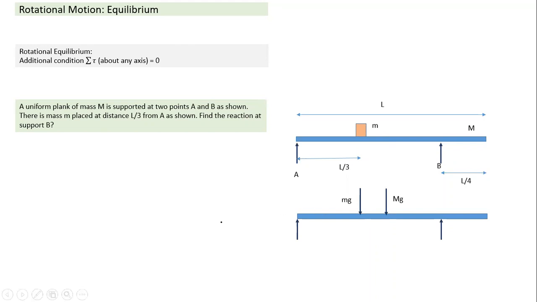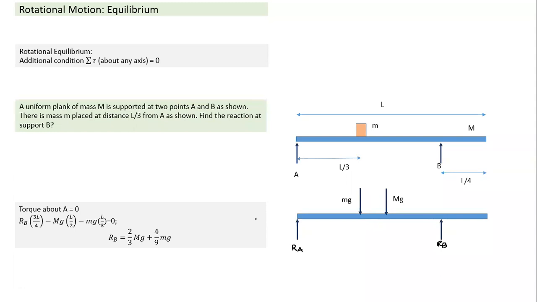Now I can take summation of force in y direction 0, summation of force in x direction 0, and you can take torque also 0. What I'm interested in finding are these two reactions, Ra and Rb. We need to find Rb, so it's best to have an equation which does not have Ra. Ra is an unknown. How do I eliminate Ra?